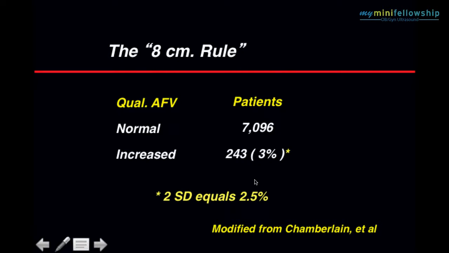Well, 2 standard deviations on either end of a bell-shaped curve excludes 2.5% of the patients. 95% of patients are contained within 2 standard deviations. So 2.5% and 3% were really pretty close, and I certainly could understand his desire not to make it the 7.85 centimeter rule or the 8.21 centimeter rule. Those would not make sense, and a nice round number was the most appropriate thing to recommend.